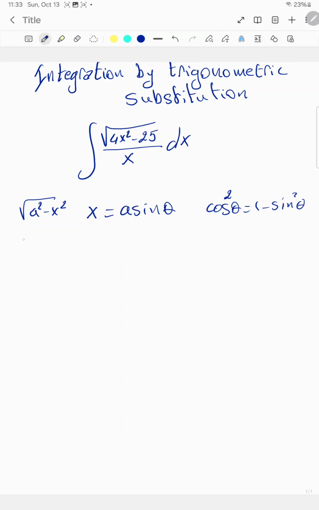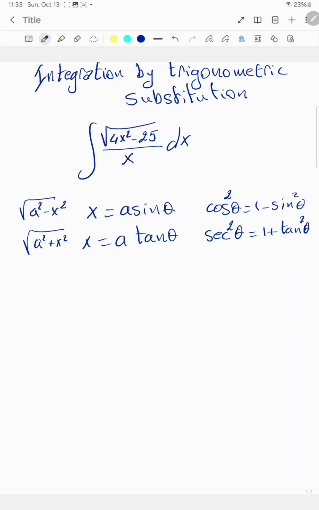If I have in my integral the square root of a squared plus x squared, I will take x equal to a tan of theta, and I will take sec squared of theta equal to 1 plus tan squared of theta.